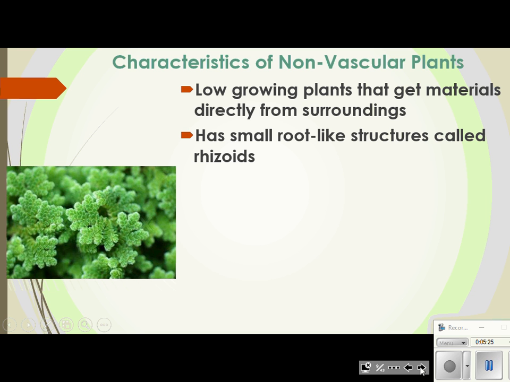They have small root-like structures called rhizoids. Those rhizoids help to get some of the materials.